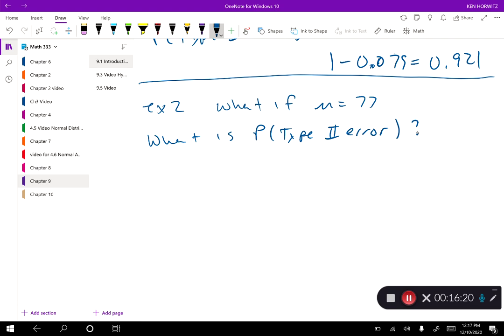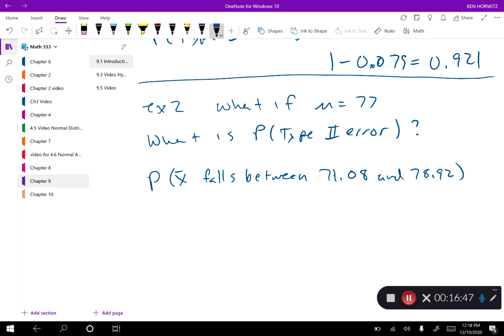All right. So we already know that if x bar falls between 71.08 and 78.92, we do not reject, right?